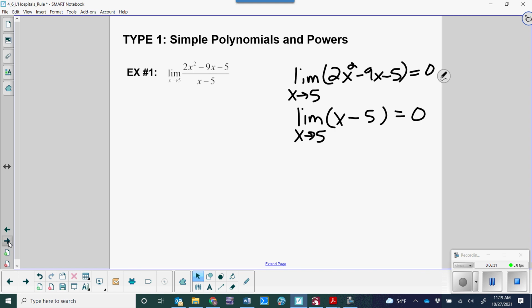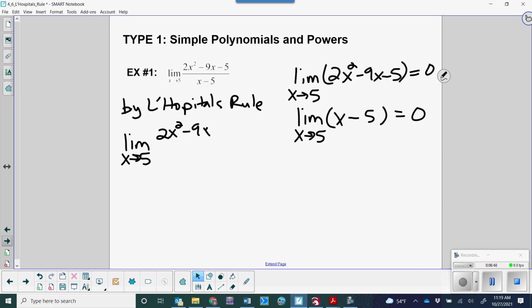So now you will say, by L'Hopital's rule, that original limit. So I like to rewrite it. You don't have to. It depends on how the problem is. You could just say equals because you're doing the limit, but I like to go ahead and say I'm doing that. It equals the limit as x approaches 5 of 4x minus 9 over 1.